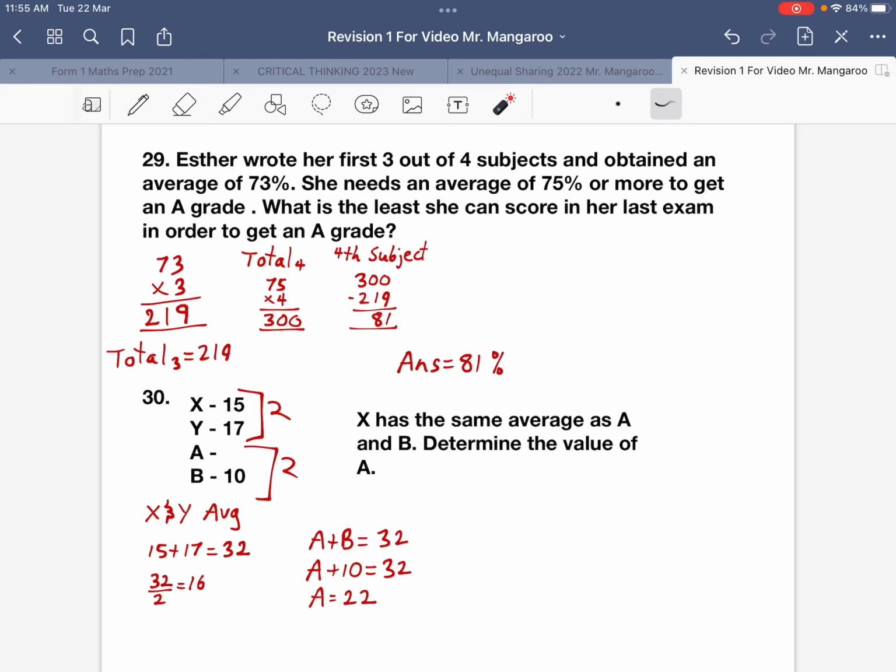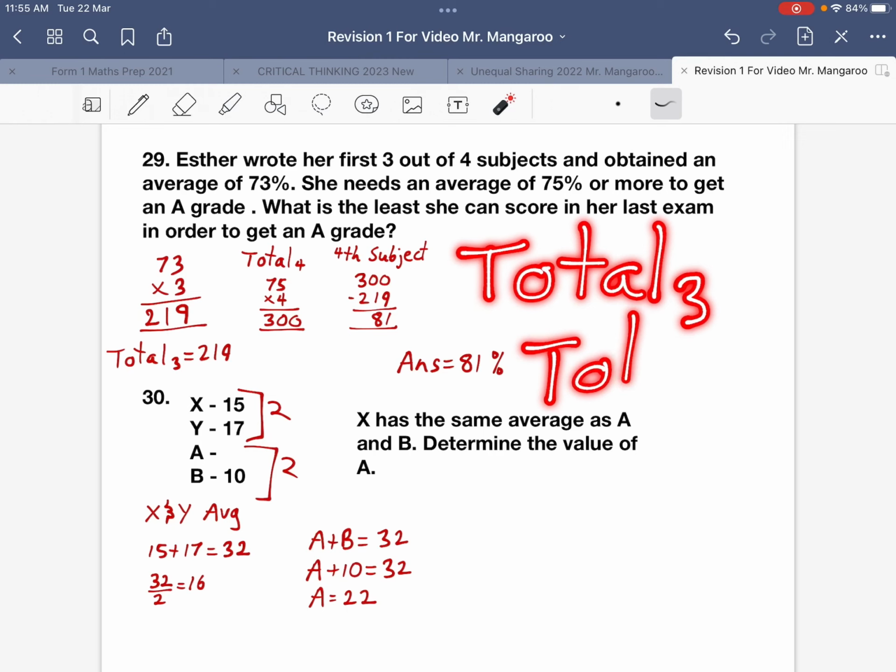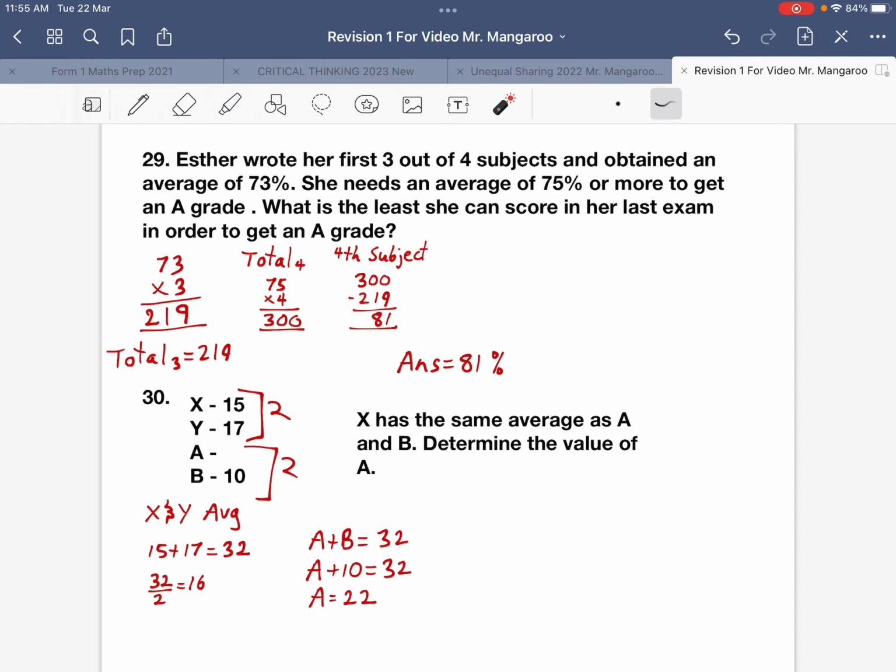So the best approach for this will be to determine her total for the 3 subjects and then find the total needed for the 4 subjects and then subtract the total of the 3 subjects from the total of the 4 subjects.